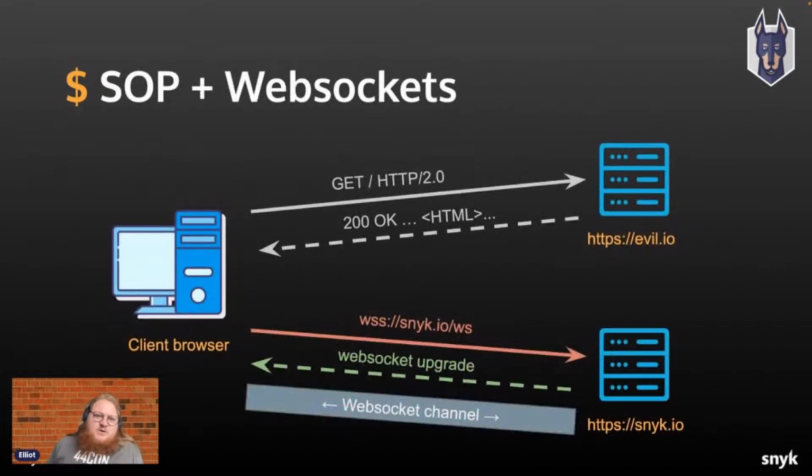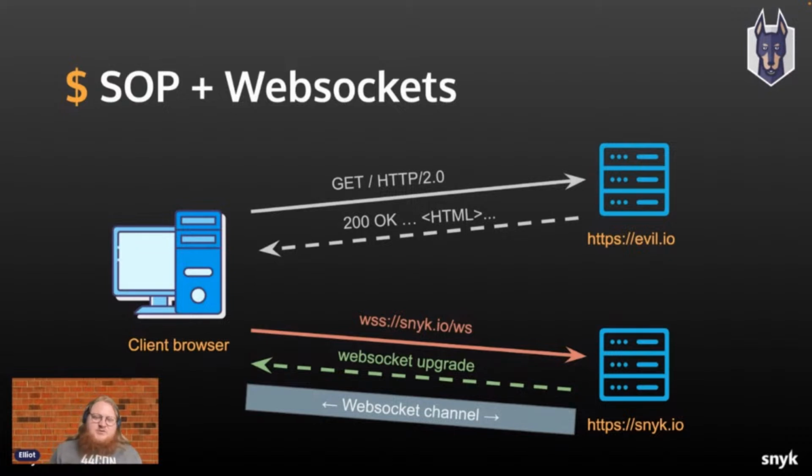So when we consider the same origin policy in relation to WebSockets, this is the view that we have. Compared to the previous example, when we make a request to evil.io to get the web page that has our malicious JavaScript, this malicious JavaScript will go ahead and instantiate a WebSocket connection to Snyk.io/ws, and then we will happily perform the WebSocket upgrade.